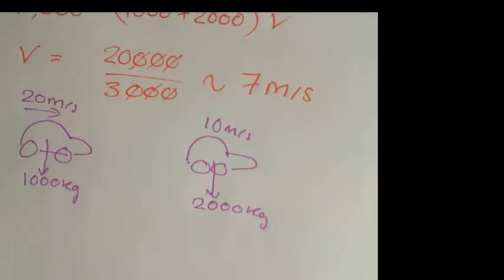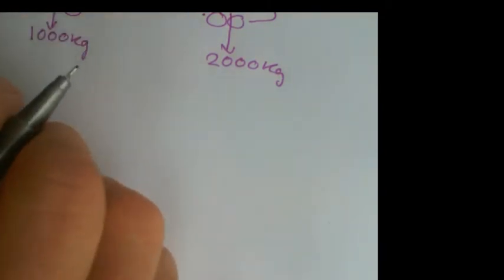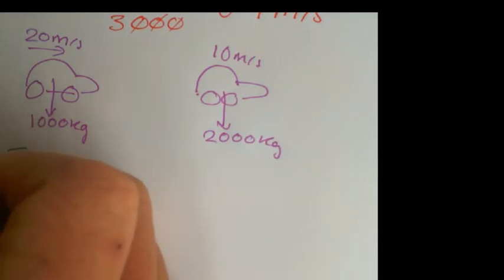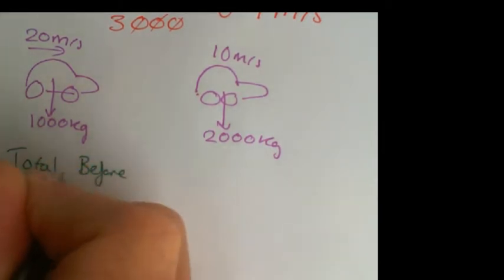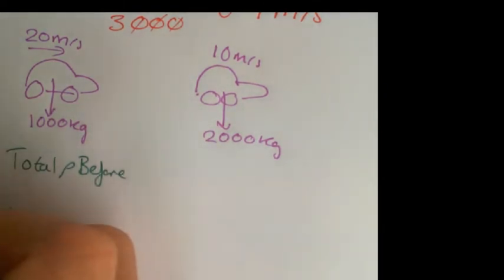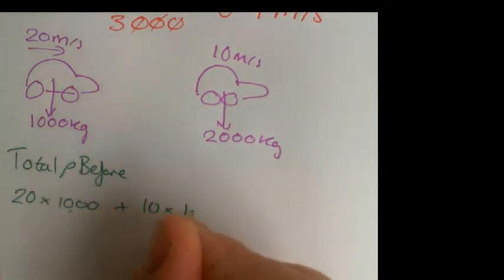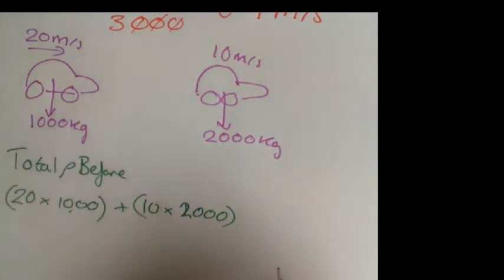So I set it up in exactly the same way. I want to know what my total before is. It's the most important thing. So total momentum before is going to be 20 times 1,000, add 10 times 2,000. And again, use brackets just to be safe.